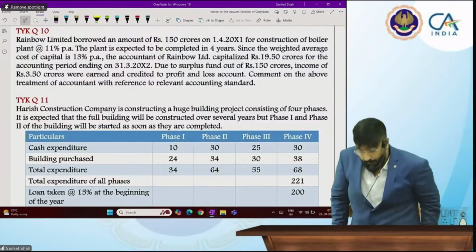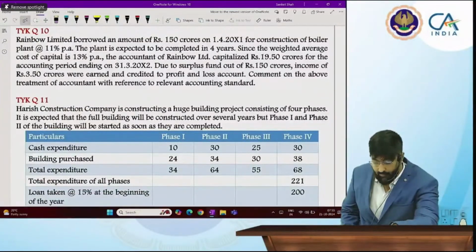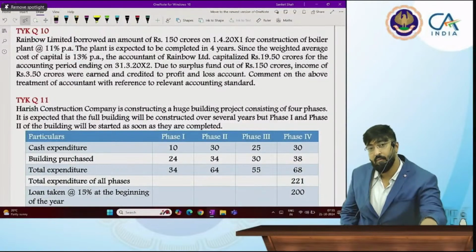Due to surplus fund out of rupees 150 crores, income of rupees 3.5 crores were earned and credited to profit and loss account. Comment on the above treatment of accountant with reference to relevant accounting standard.